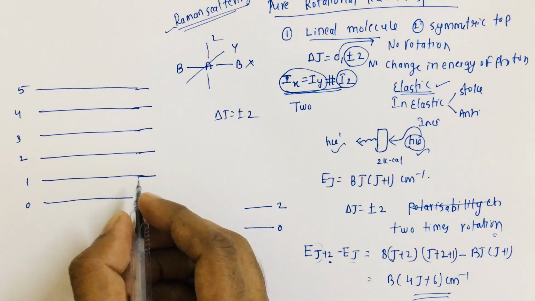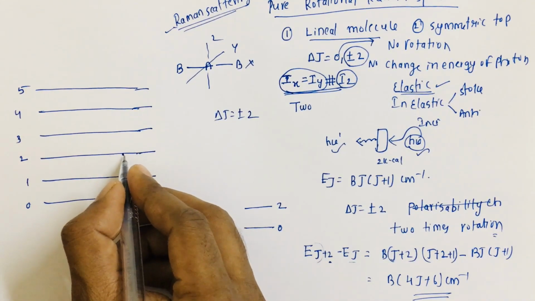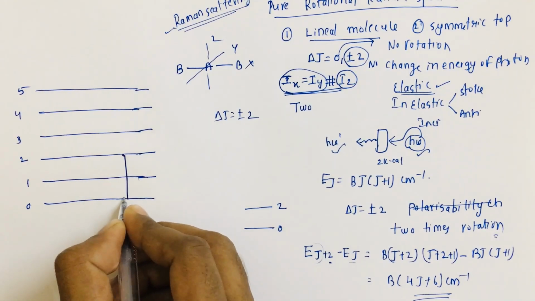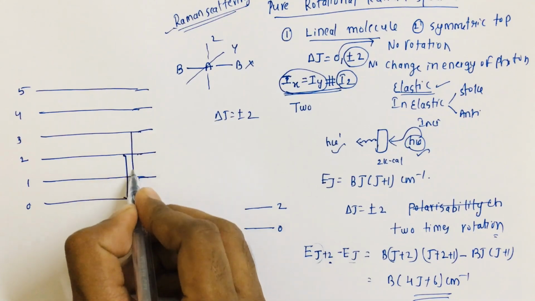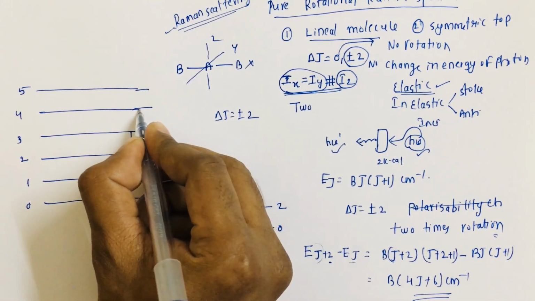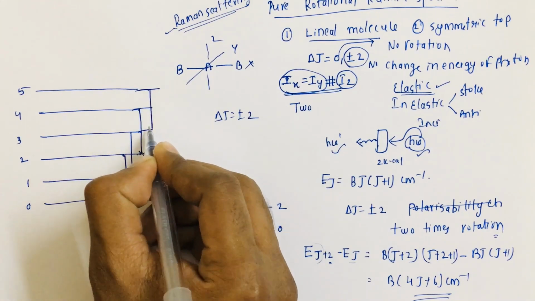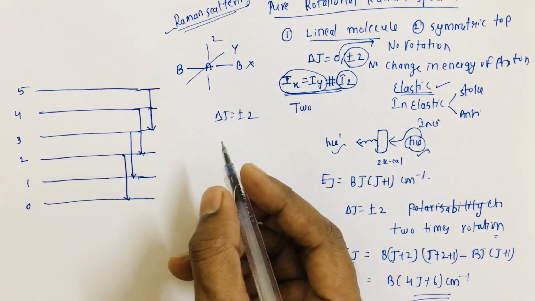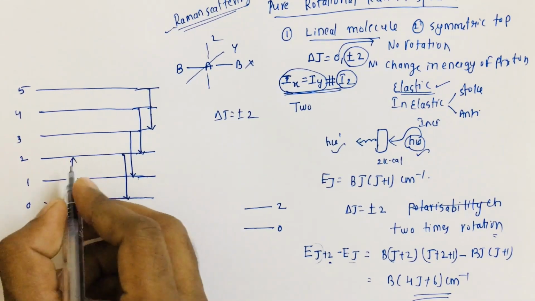The first transition will be from 2 to 0, the second transition will be 3 to 1, the third transition will be 4 to 2, and the fourth transition will be 5 to 3. Here in this case the transitions will be upside.